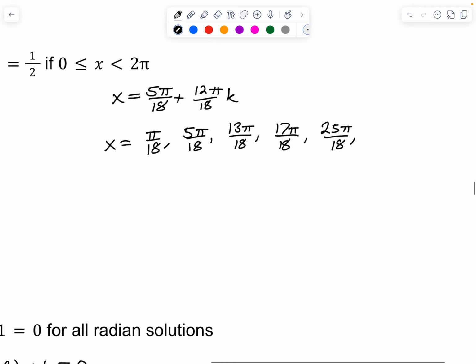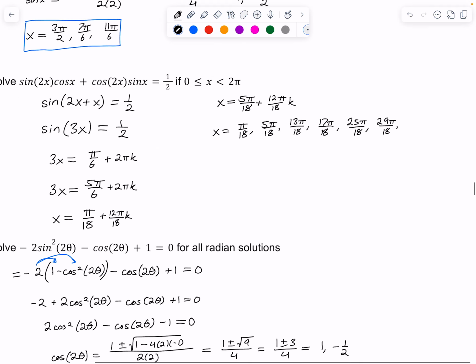Still less than 2 pi, so I still keep going. If I plug it in here, I get 29 pi over 18. And I think that will be it, because if I plug in 3 right here, I get 37 pi over 18. That is bigger than 2 pi. So I'm done. So this actually is my full list of answers.